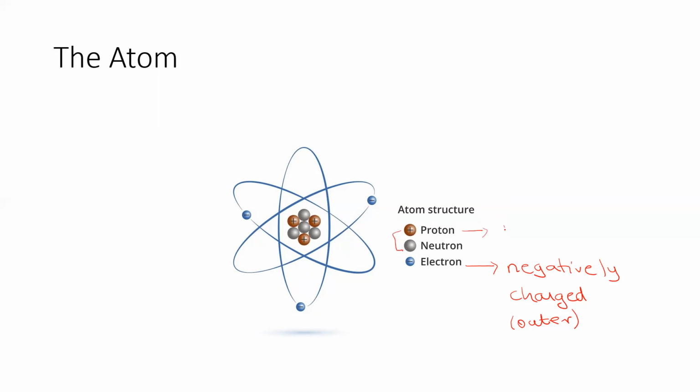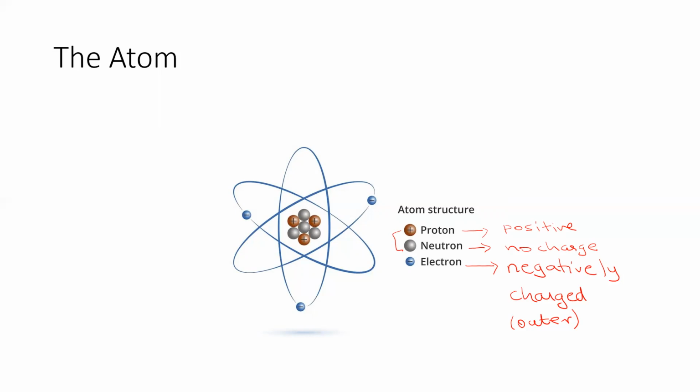The proton is positively charged, while the neutrons have no charge. It is important to understand that the neutron and the proton are in the center, while the electrons are outside.